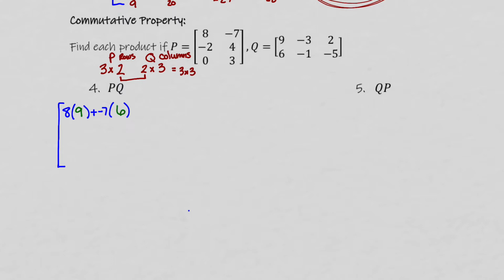Okay, I'm going to go ahead and move down to the second row, -2 and 4. I'm still in that first column, so I'm still using 9 and 6. Okay, let's do the third row.